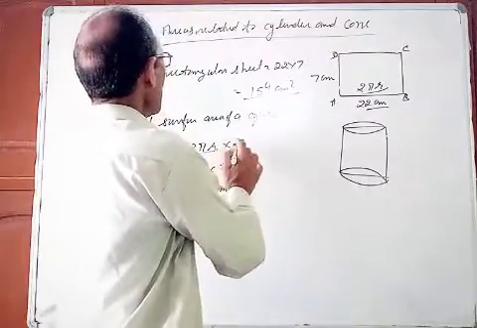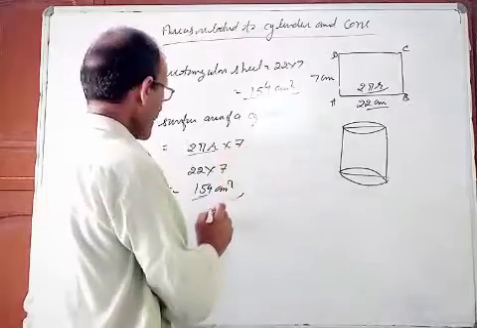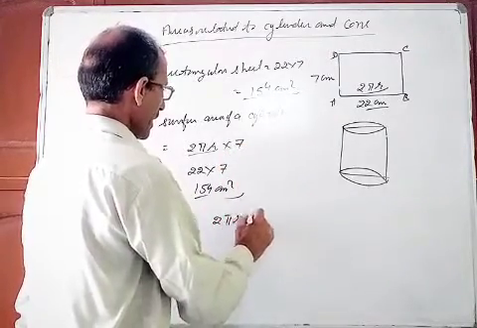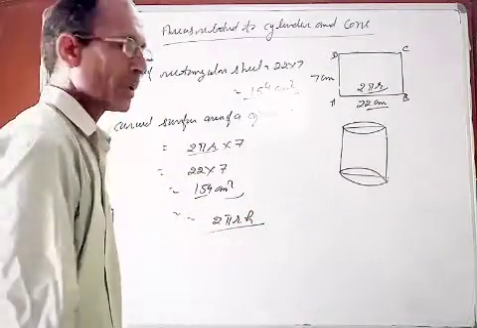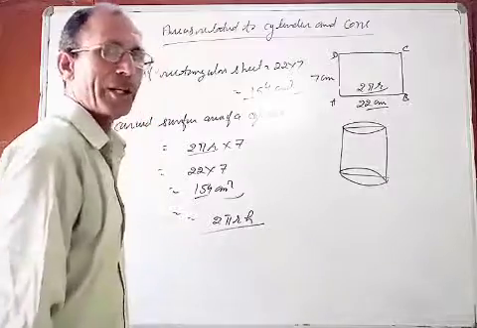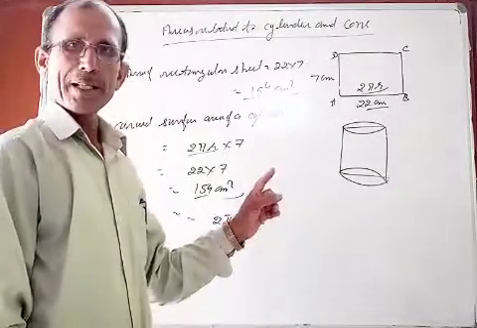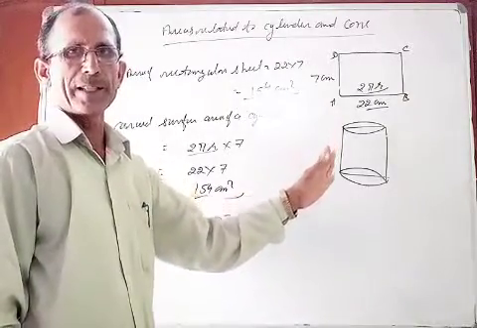So it is equal to 2 pi r h. This is the formula for finding the lateral surface area of a cylinder. Have you understood how to derive the formula to find the lateral surface area?